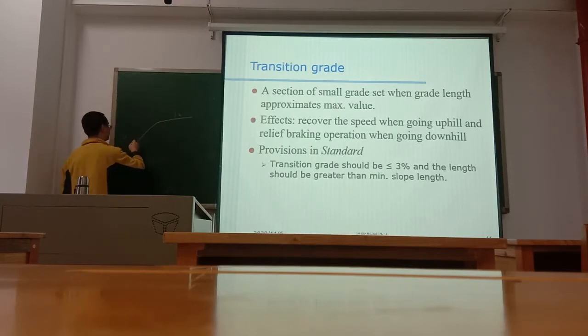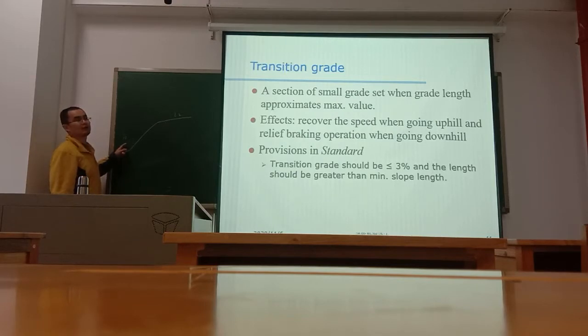I1, I2, I3. This is a very steep slope. I1 is steep, is larger, and the length of I1 approximates the maximum length.